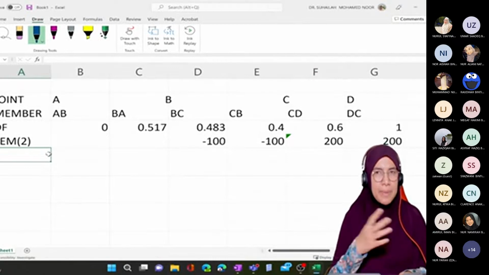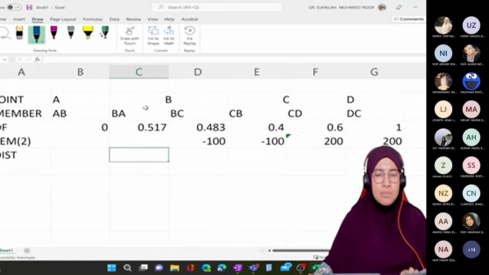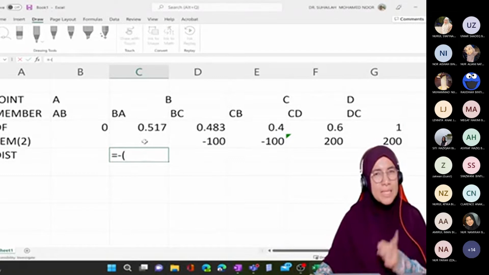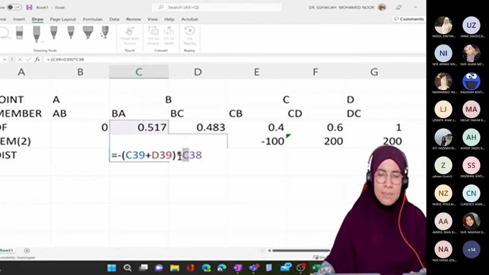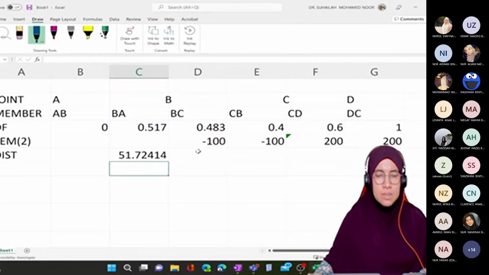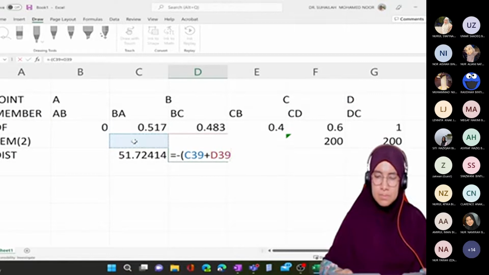Okay, so repeat the process. Distribution, first distribution. Total moment is 0 plus negative 100. I put negative to represent the opposite condition of the joint moment, times factor.